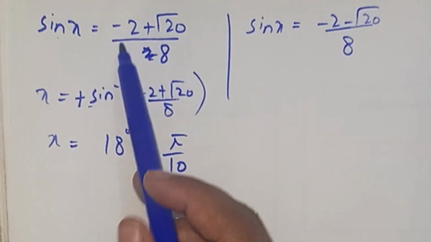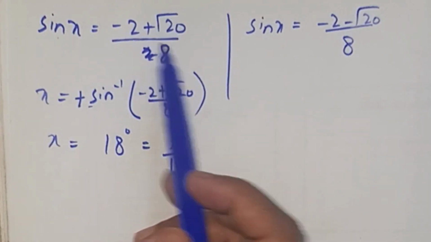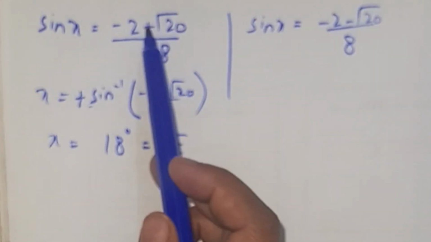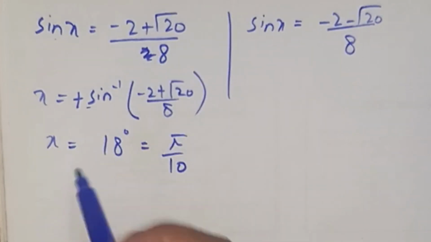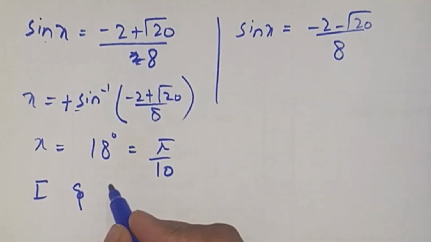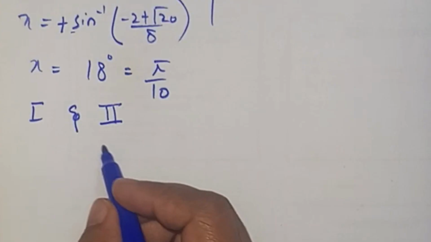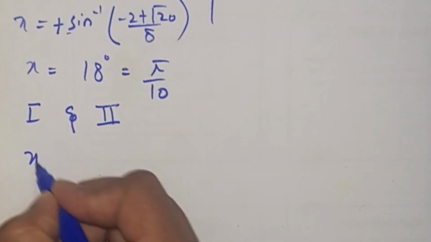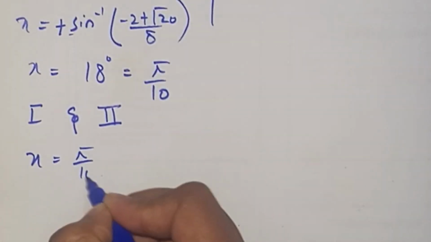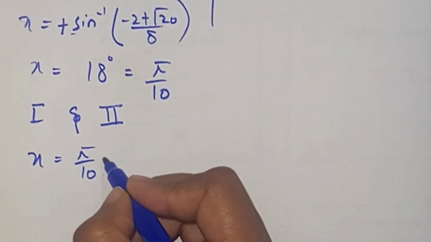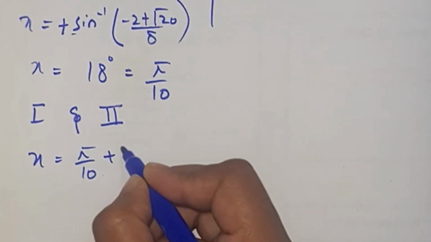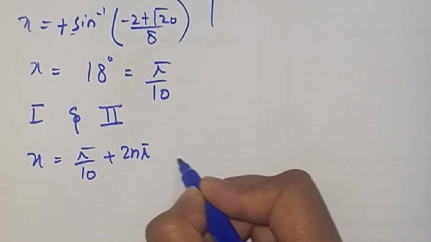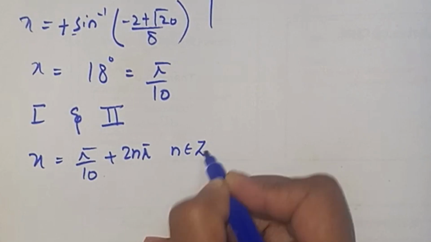If we solve this value, (-2 + √20)/8, we get a positive number, and sine is positive in the first and second quadrants. So for the first quadrant, x is equal to pi over 10.